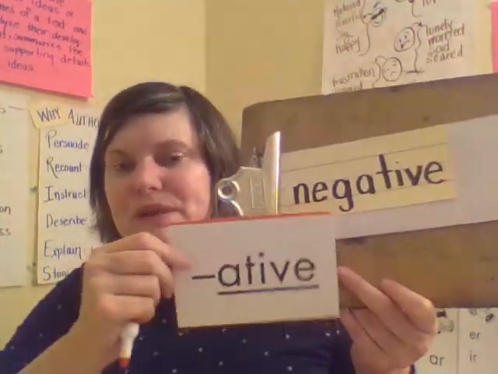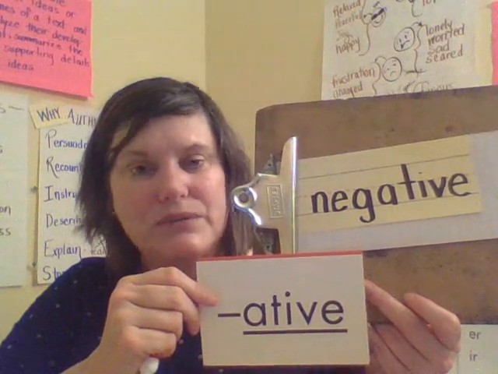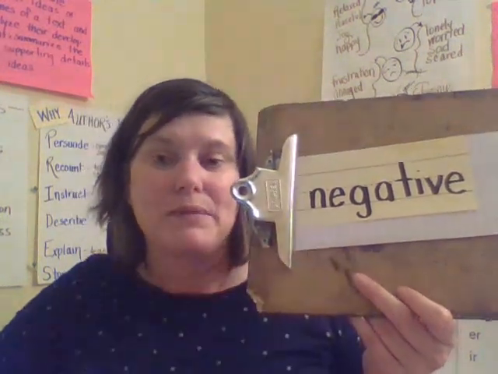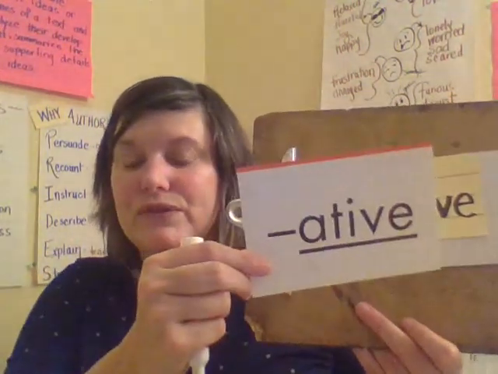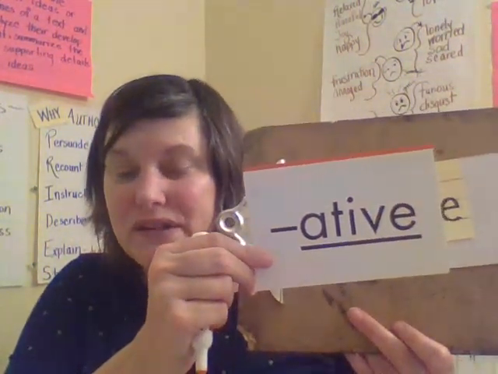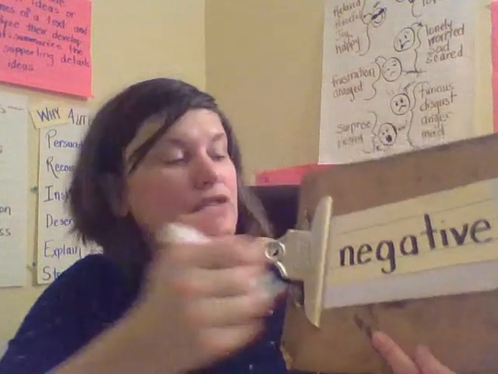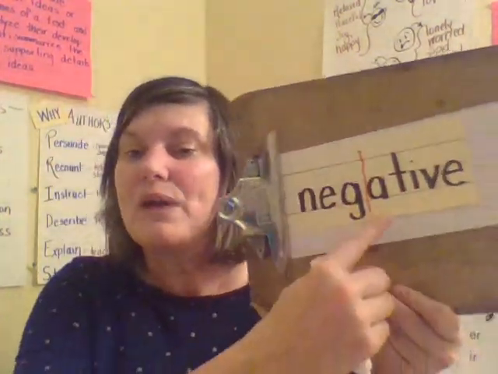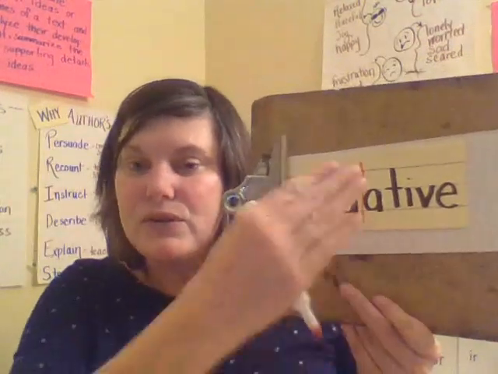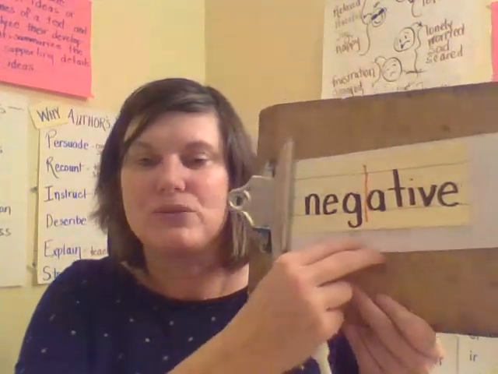That's one of the reasons why we practice the sight syllables, so you can start to recognize them in large words. This was one of our new sight syllables for today. And remember, this is ative. So we're going to section it off here, and we know this is ative. No need to break that up individually.